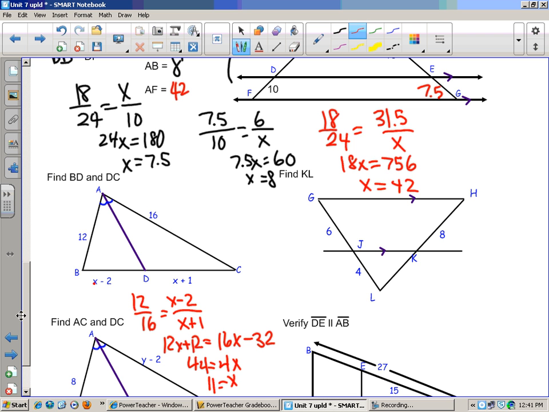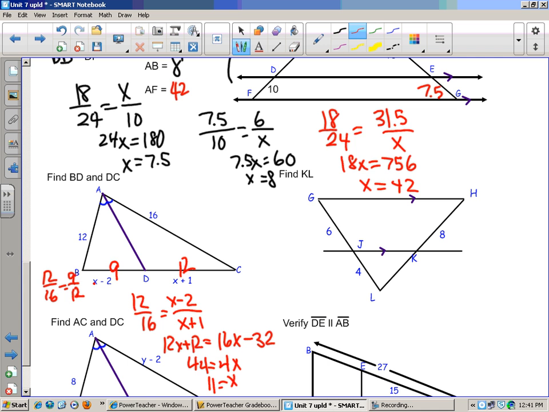So 11 minus 2 is 9, and 11 plus 1 is 12. I can check that because 12 over 16 should have the same proportion as 9 over 12. So that's 3/4, and that's 3/4. So it works, right?